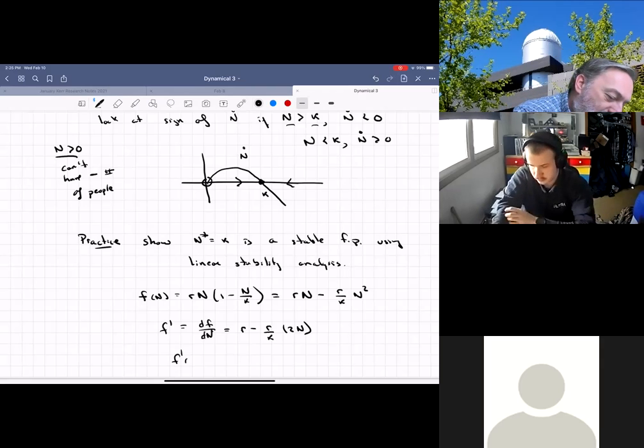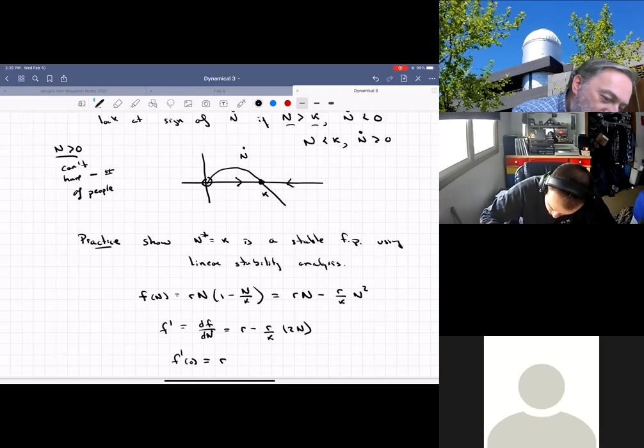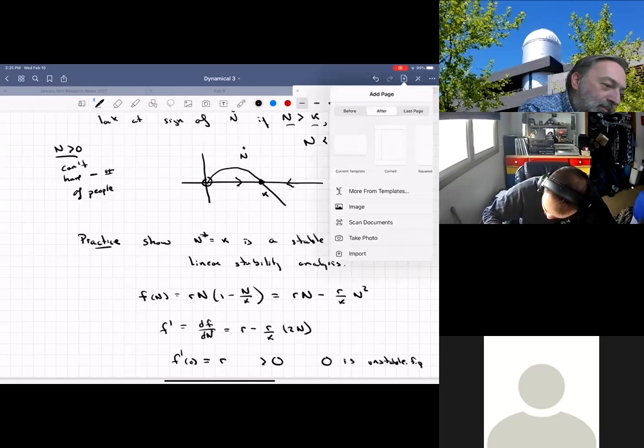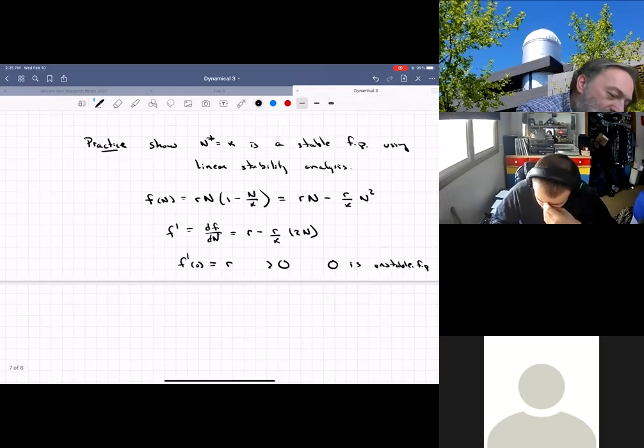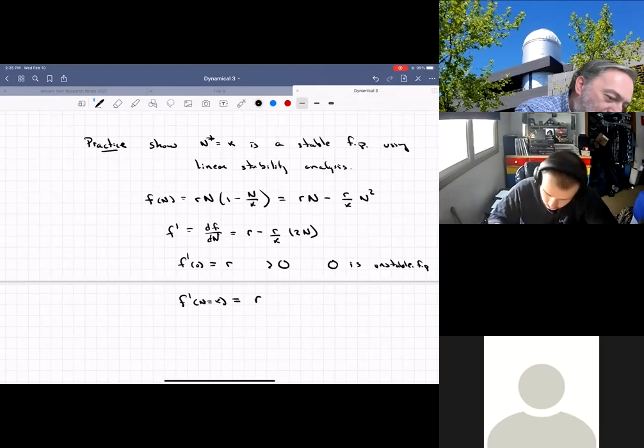And f prime at 0 would be R, which is positive. So 0 is an unstable fixed point. But if I put into f prime n equals k, which is my other fixed point, I would have R minus R over k times 2k.